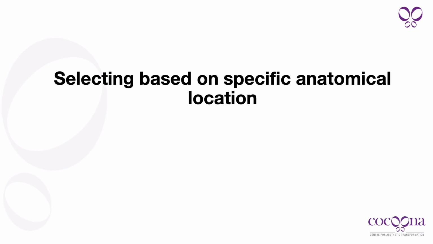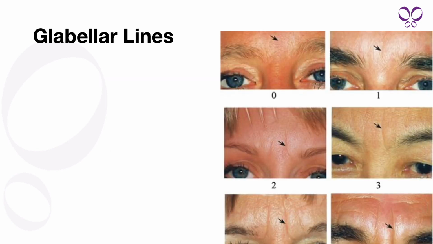Selecting based on specific anatomical location: glabellar lines. Now it is good to grade the glabellar lines from 0, which is no line, 1 fine lines, to 5, which is deep furrow without active contraction of the muscle. Obviously, the glabellar lines are a combination of dynamic lines, which are due to muscle overactivity, and eventually volume loss causing static lines or folds.